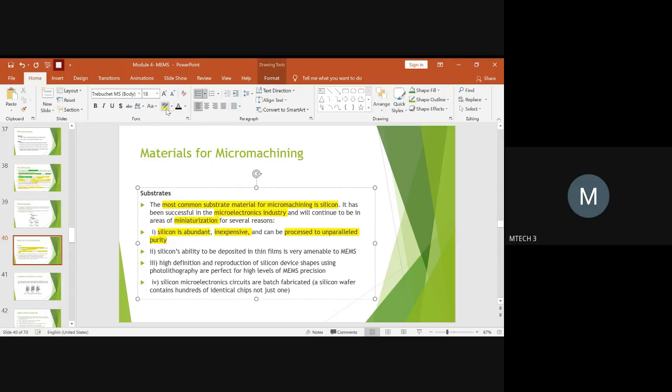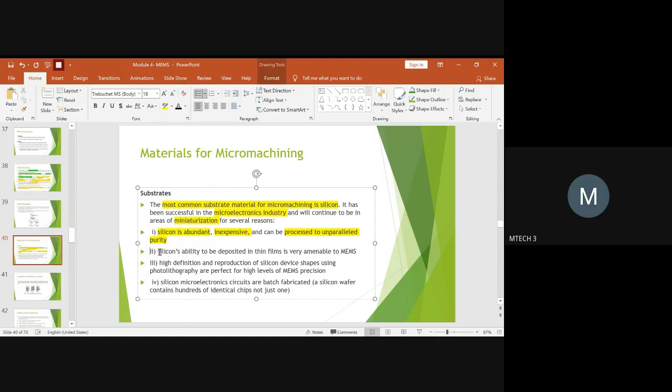So these three are the most important factors to select any material. It has to be abundant, it has to be inexpensive, and it could be easily synthesized or processed with more purity and less contamination. This is the major plus point of silicon, why we use it as a substrate.